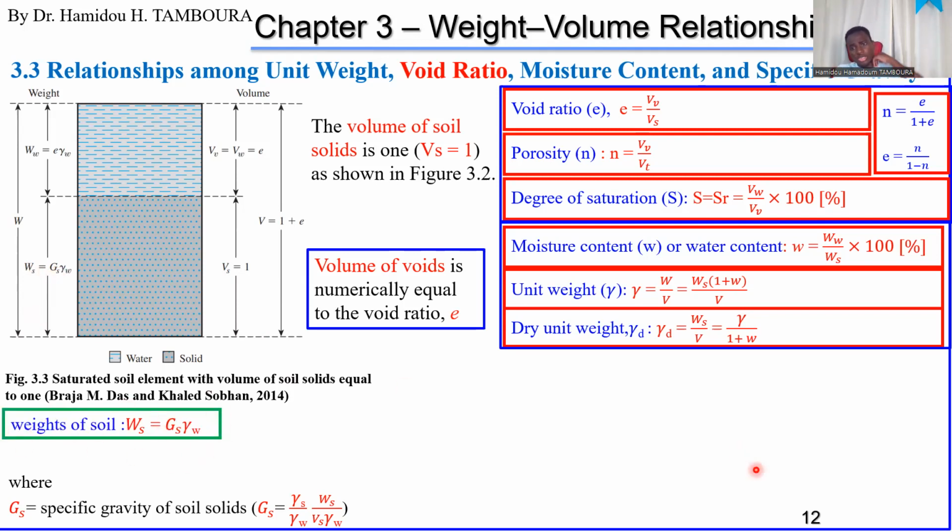And by using this water content relationship, we have again weight of water equal water content multiplied by weight of soil.